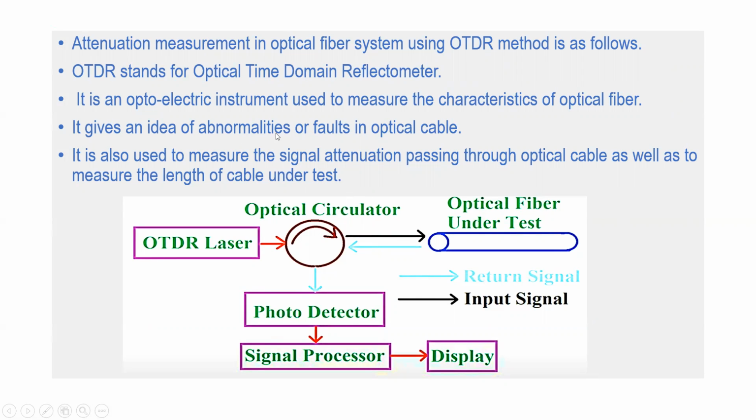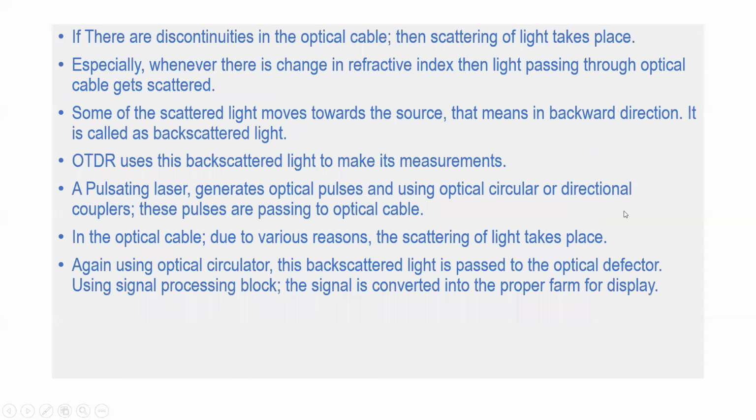It gives an idea of abnormalities or faults in the cable, and what kind of abnormalities are present in the fiber. It is also used to measure the signal attenuation passing through the optical cable as well as to measure the length of the cable under test.